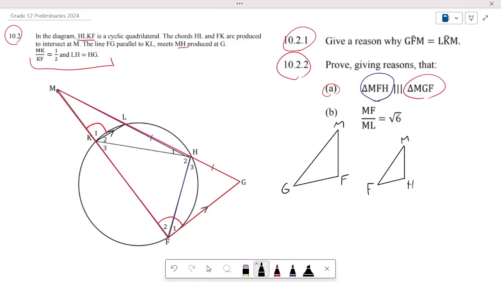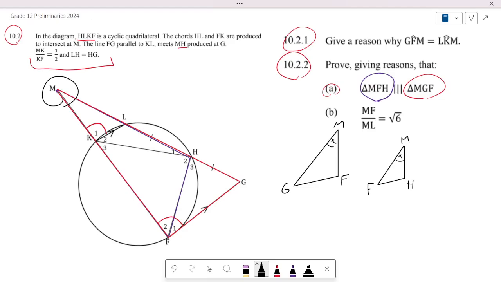Okay. So what we can clearly see is that these M's are going to be exactly the same because they're exactly at this point M, right? So therefore, we can already see that this angle is equal to that angle. Now we know that this F is definitely not going to be equal to this one. The reason why is because this is MFG and this is MFH.